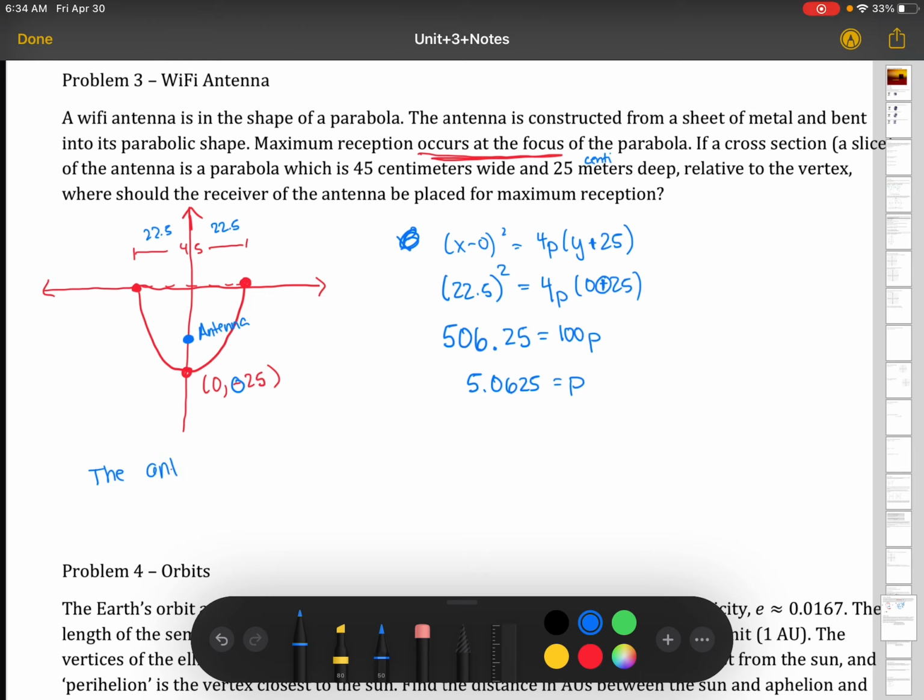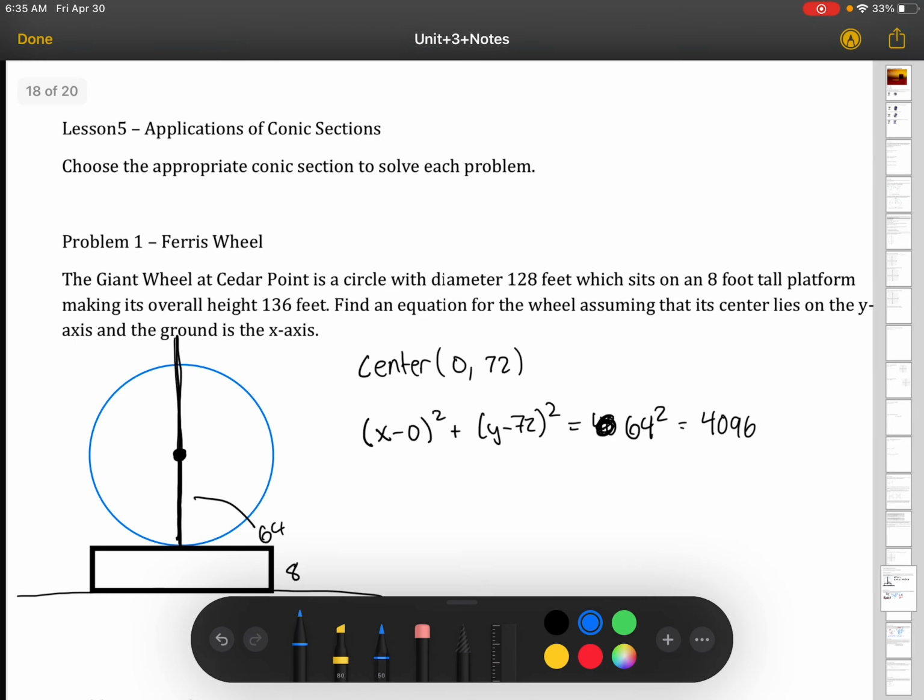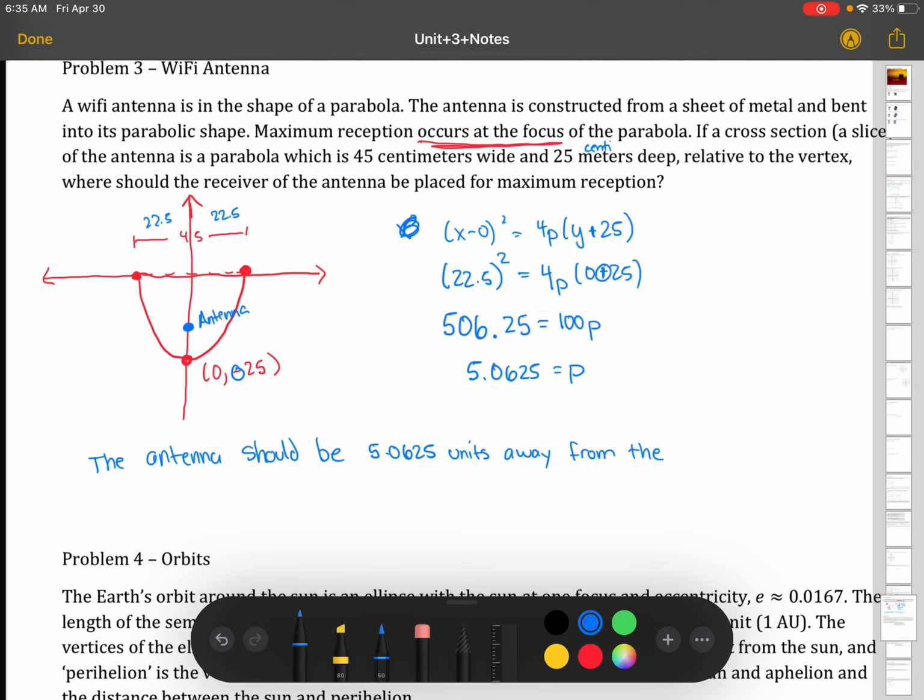The antenna should be 5.0625 units away from the vertex. And we mean up, not left or right. It should be up, but that's pretty obvious that we want to go up.